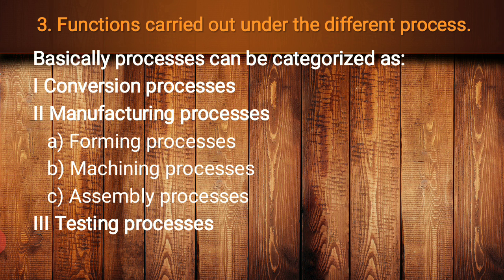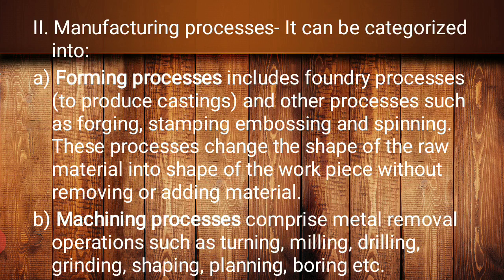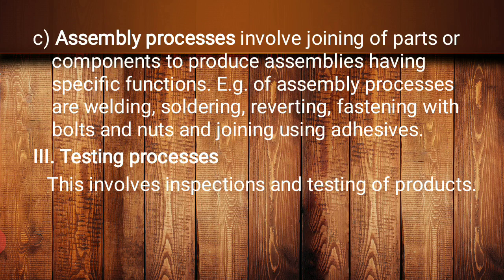Testing may be a simple inspection, or we are checking the quality of the product. We are trying to see that everything is according to the requirement. This is what is said to be the testing process. So these are the three basic functions that are carried out through the processes, right? We have just checked it one more time.